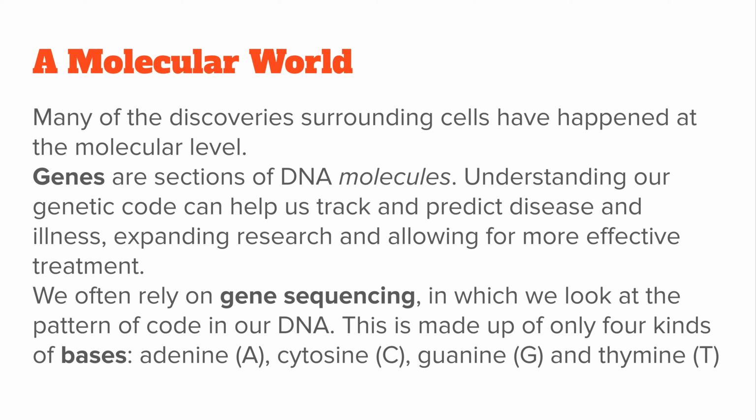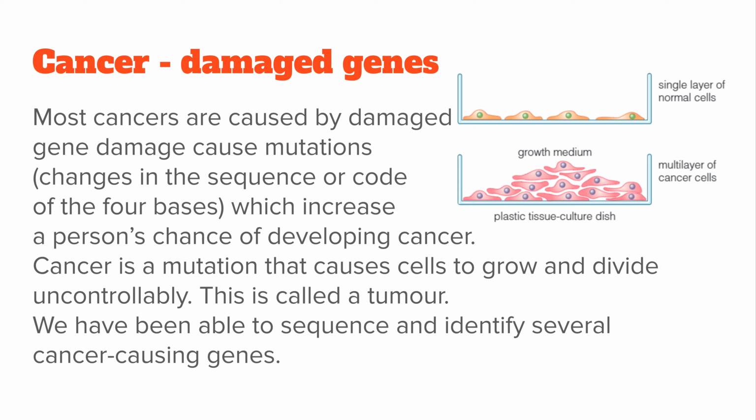So if DNA controls our body, different types of changes to the DNA can potentially cause illness. Not all mutations do, but one of the most common ones is cancer. A cancerous cell occurs when certain genes within the body get damaged.